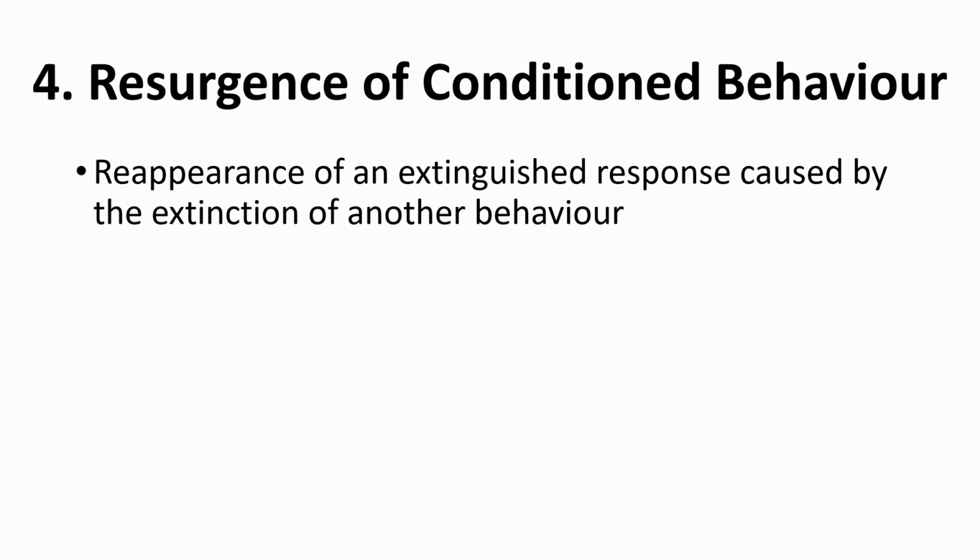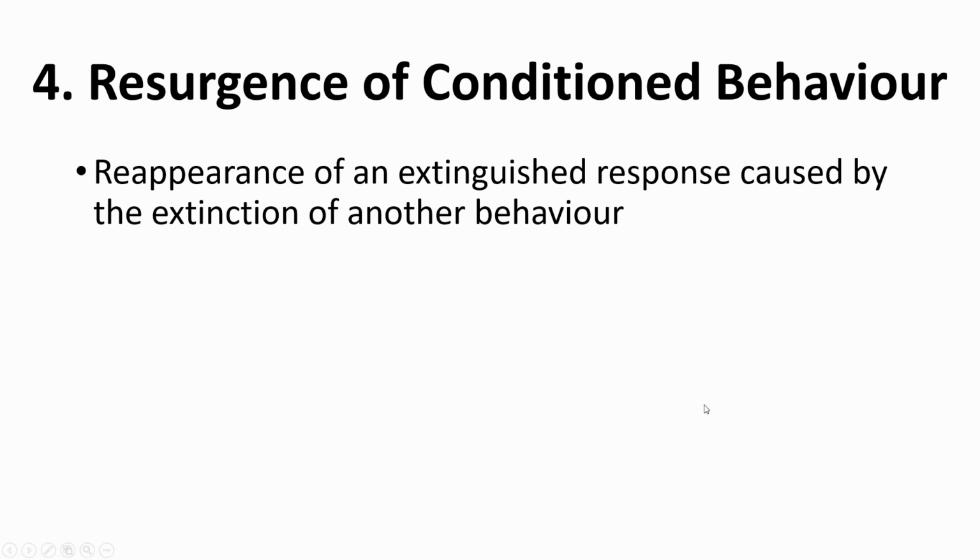And so the idea here is that if one behavior, say behavior A, had been extinguished, and then there's another behavior that was allowed to continue, but when that second behavior, behavior B, is extinguished, then we might see a reoccurrence of behavior A because of the extinction of behavior B. So getting rid of our second option might cause people to go back to doing the first option.